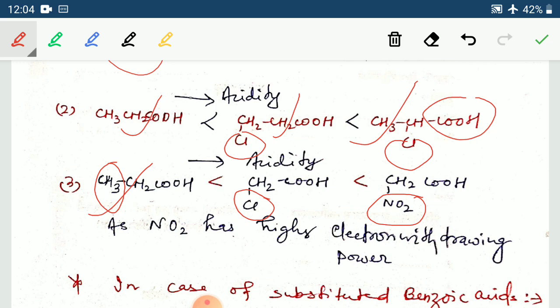As we know, NO2 has a much higher inductive effect than chloro. So this nitro derivative will be more acidic as compared to the chloro derivative, because NO2 has higher electronegativity and electron withdrawing power.